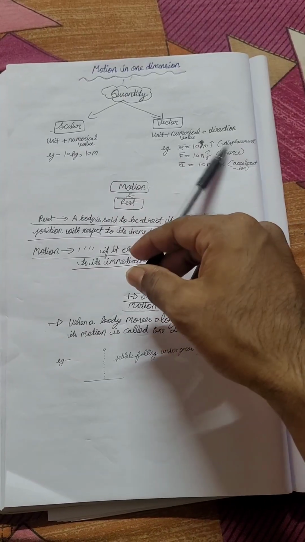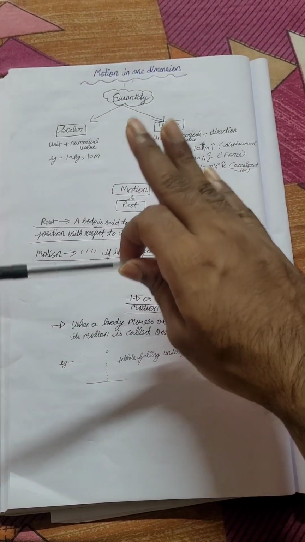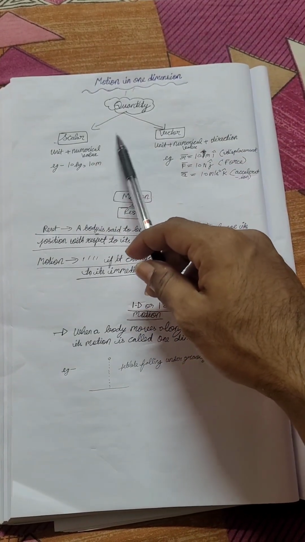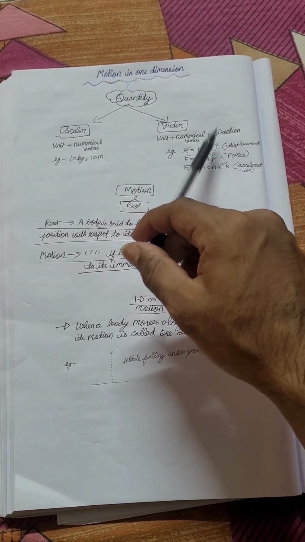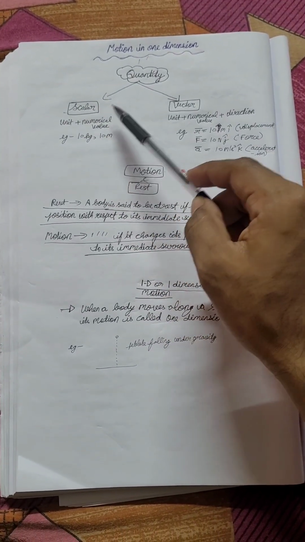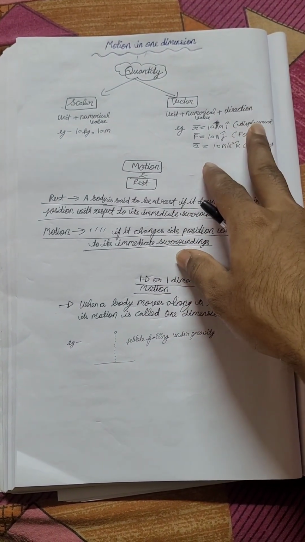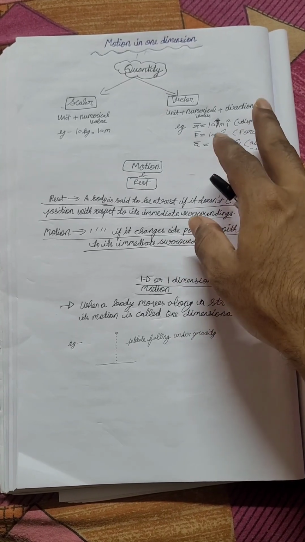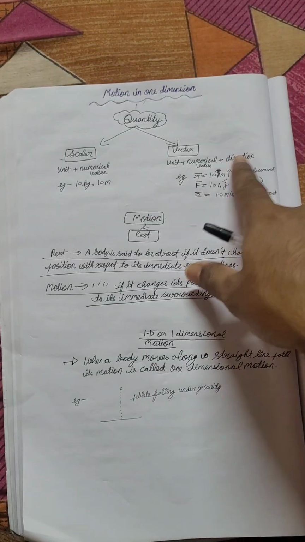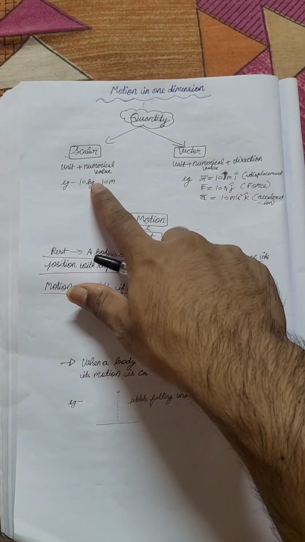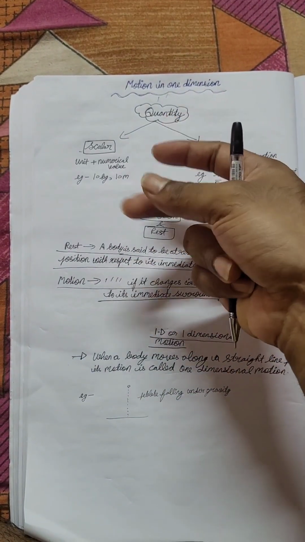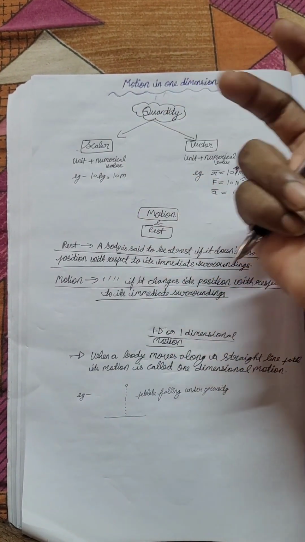Quantity is of two types. For the elementary level, there are other quantities also, like tensor quantities, but for now we will learn about scalar quantity and vector quantity. Scalar quantity is all about unit and numerical value, but a vector quantity comprises the unit, the numerical value, and the direction also. The direction part is extra. So scalar quantity is like 10 kilogram, 10 meter, 100 degree Celsius.